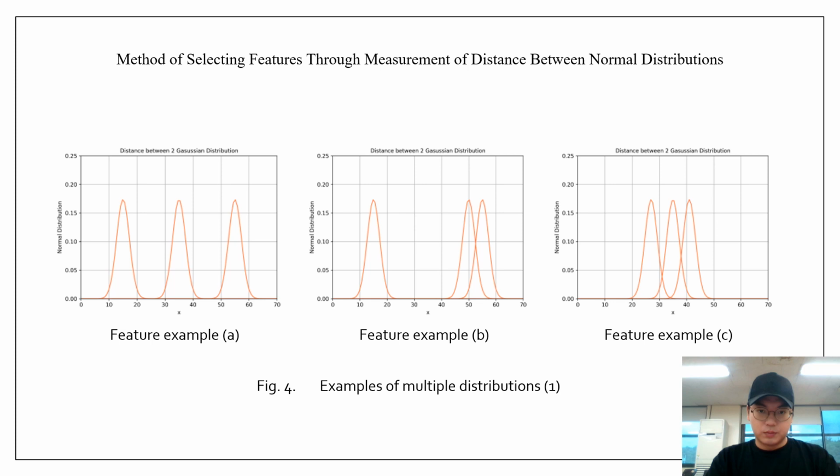In the case of calculating using the equation of distance measurement between normal distributions using binary classification, we need as many calculations as the number of class cases that can be made by selecting two elements from the set of n elements to measure the distance for n classes.